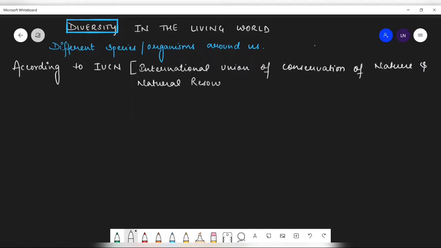So what is the full form of IUCN? It is International Union of Conservation of Nature and Natural Resources. So according to IUCN, there are 1.7 to 1.8 million species on Earth. So how many species are there on Earth? 1.7 to 1.8 million species are there on Earth.